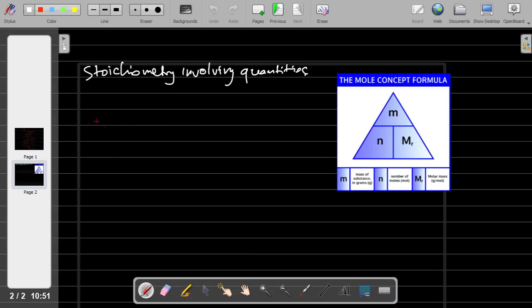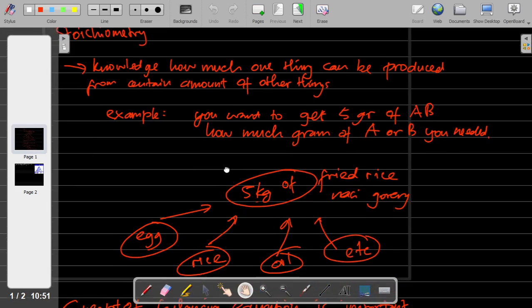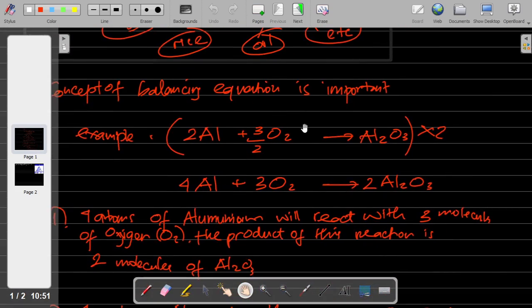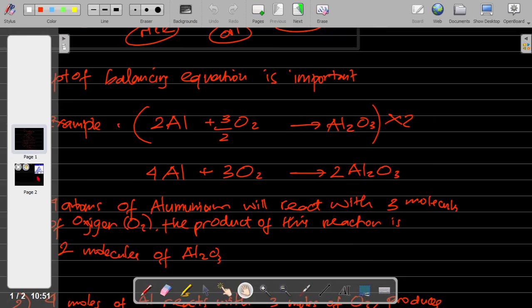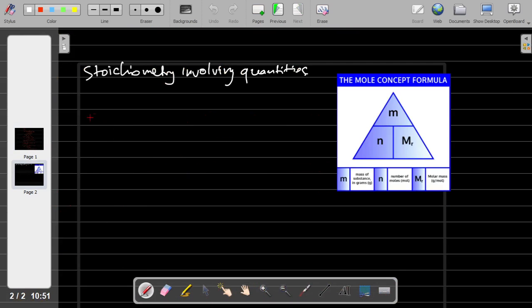I want to remind you about balanced equations. So let's say, 4Al plus 3O2 produce 2Al2O3. So we have 4, 3, and 2.